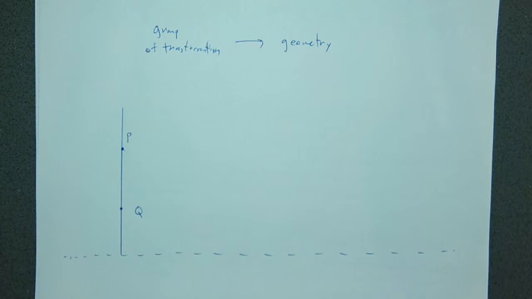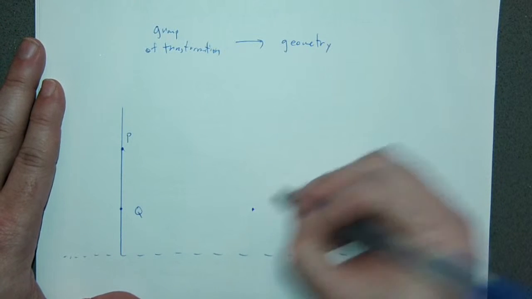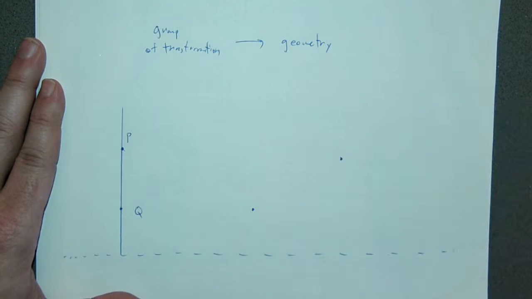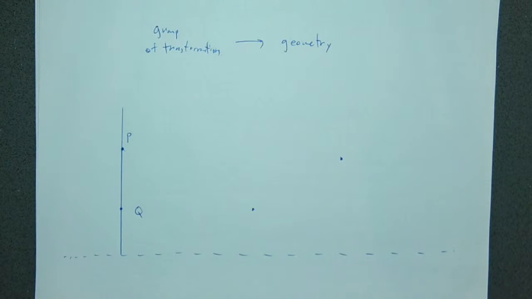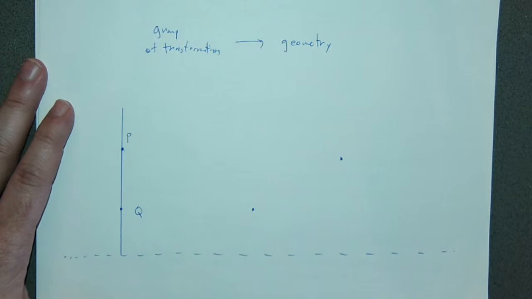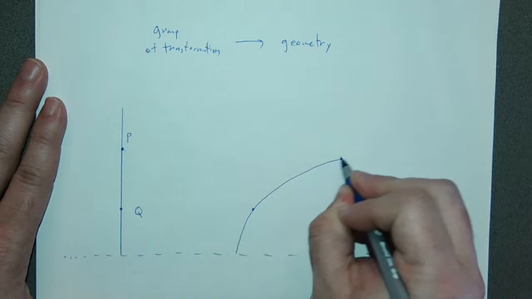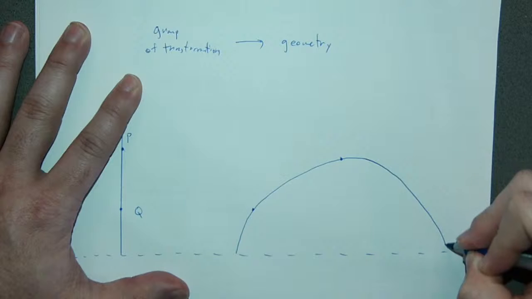Okay, that's cool. But what about points that might look something like this, that are not vertical from one another? So what about two points like that? Well, it turns out that for points like this, the unique line associated to them is a semicircle. Now, I know that that's not actually a semicircle, but bear with me.